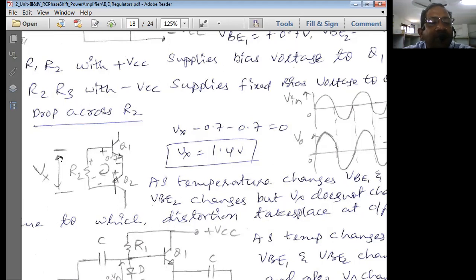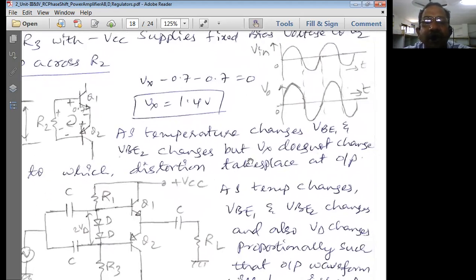So I may consider some Vx voltage across R2. Rise in potential is positive, minus 0.7 drop in potential, and another minus 0.7 drop in potential, equal to 0. So Vx, the voltage across R2, should be equal to 1.4 volts. So you have to adjust R1, R2, R3 such that this Vx voltage is equal to 1.4 volts, so that both the transistors will be in the on condition.